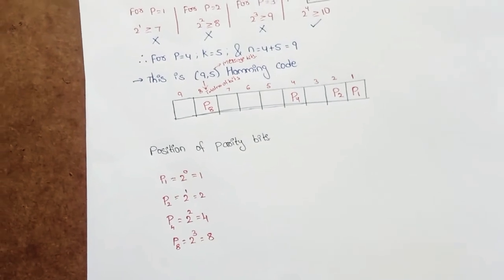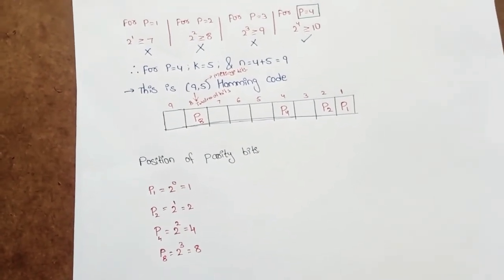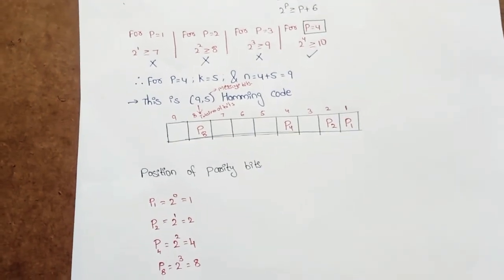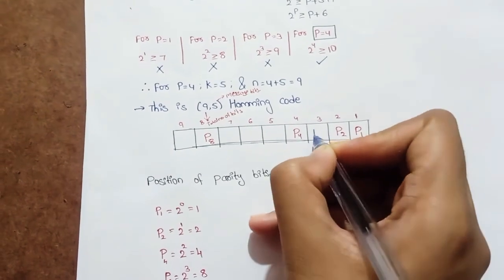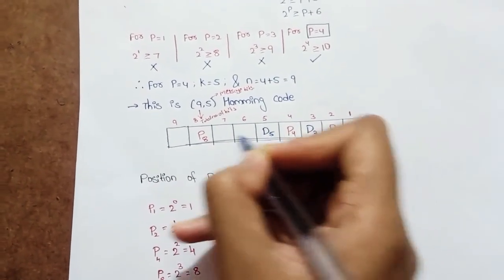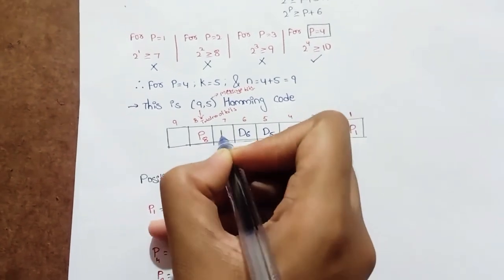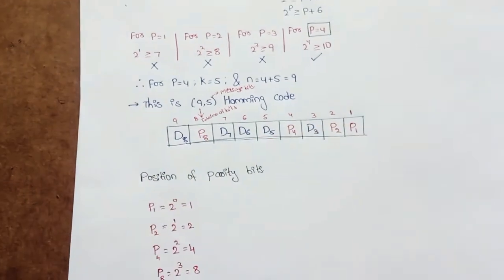As I earlier told, we are having 4 parity bits and remaining all are data bits. Now we can write them as D3, D5, D6, D7 and D9.